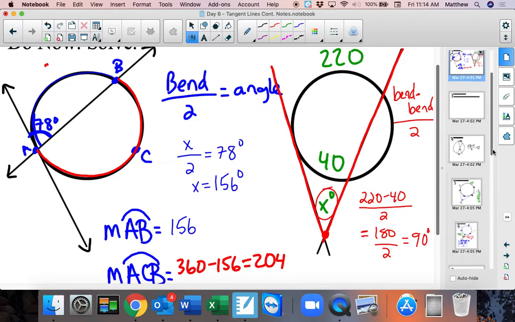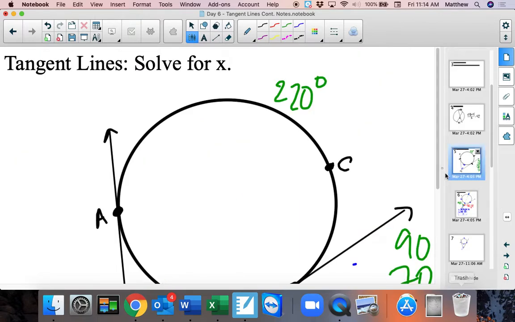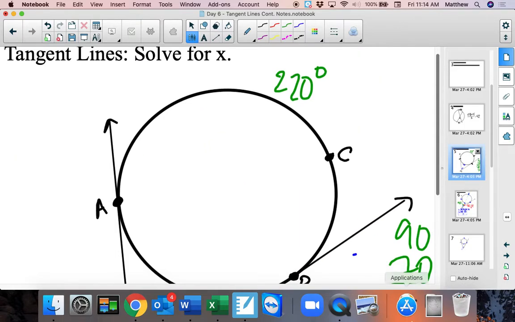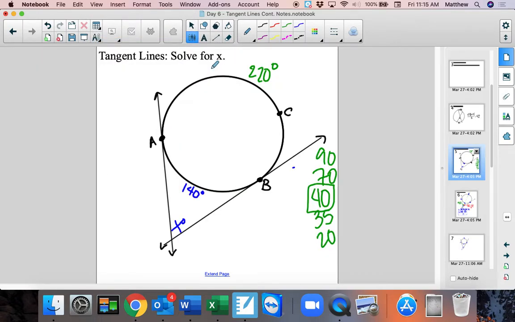Now we're going to move on to a problem like this, which I will zoom down. Maybe zoom quickly, view, zoom 50%, 75%, so you can kind of see it.